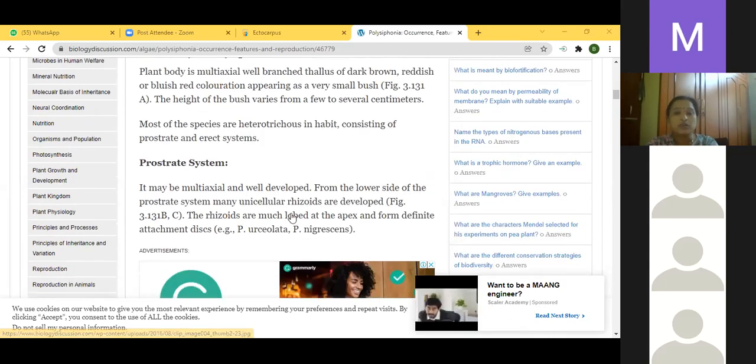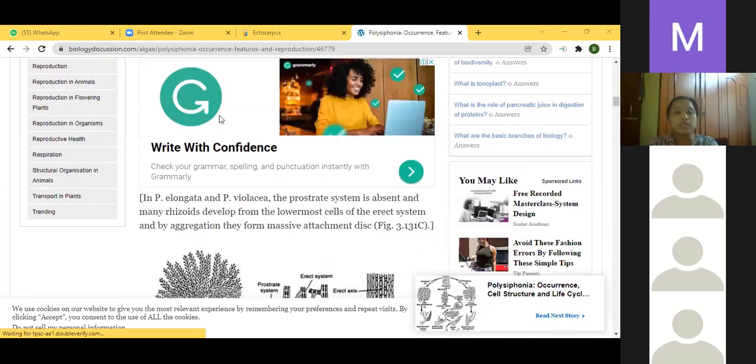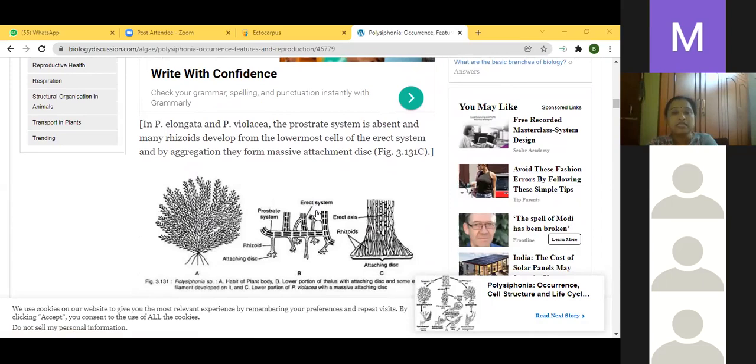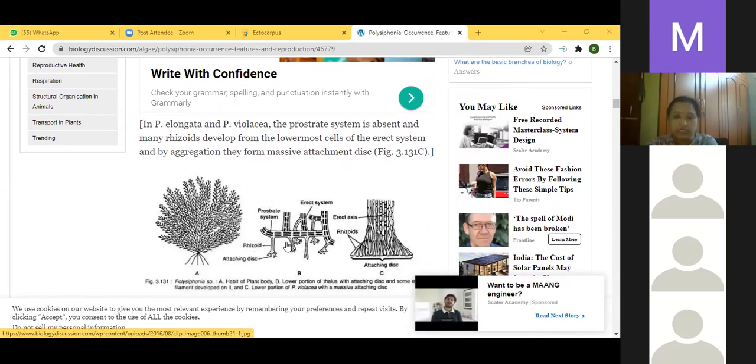You can observe many unicellular rhizoids developed. Each rhizoid is much lobed and forms a well-defined attachment disc. This is the prostrate system, the creeping system.